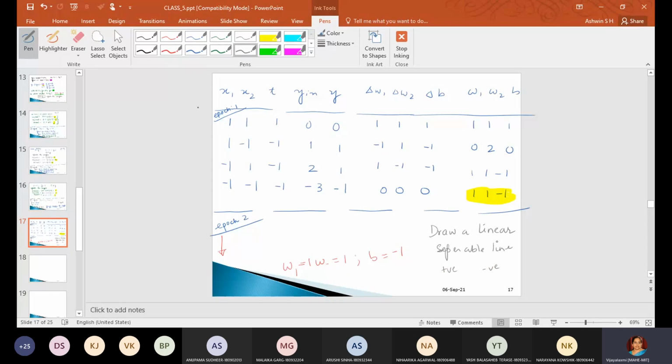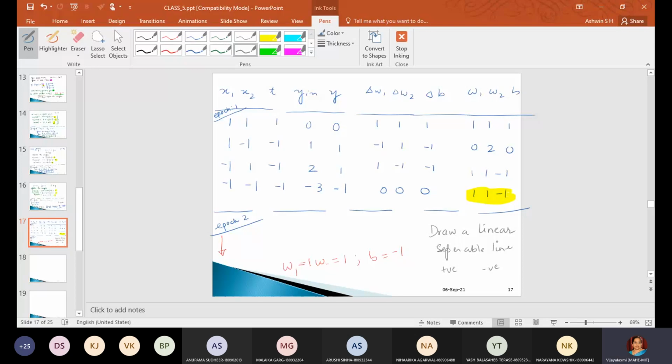Okay, you can draw it and see. Sometimes it so happens that when theta is not 0, you may have to draw two separate lines. One to separate the positive response and 0, the other one between 0 and the negative response. That is in your second part.